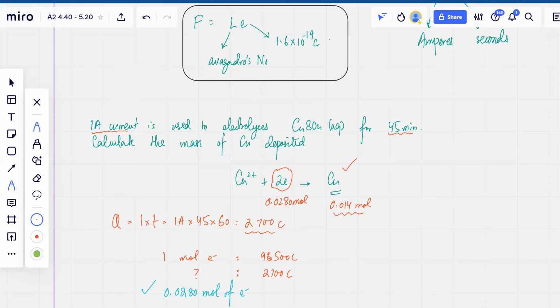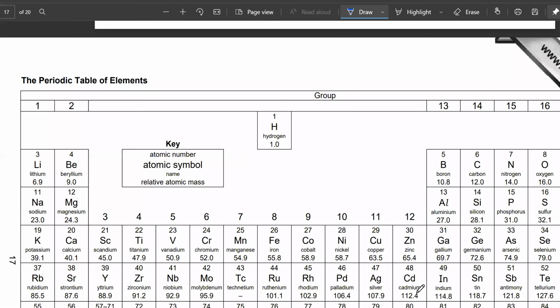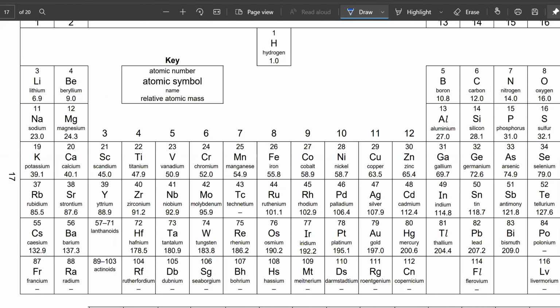And once you have the moles of copper, you can find the mass, 0.014 multiplied by whatever the mass of copper is in the booklet. We can find that out. Usually it's 63.5. So where's copper? It is 63.5. So we're going to use that.